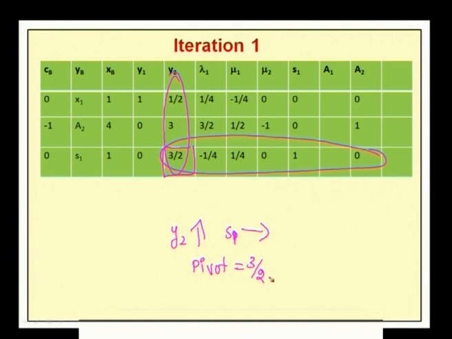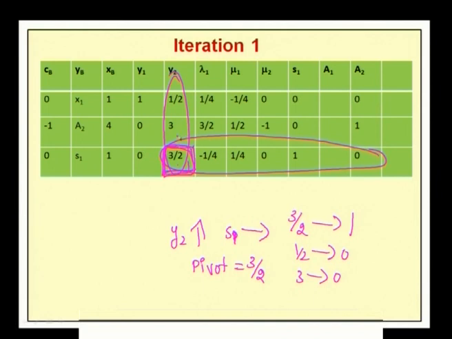Now, as we proceeded earlier, we have to convert this pivot element to 1, and the remaining elements in that column, 1 by 2 and 3, to 0. By converting the pivot element to 1 and the remaining elements to 0, we can get the next iteration.